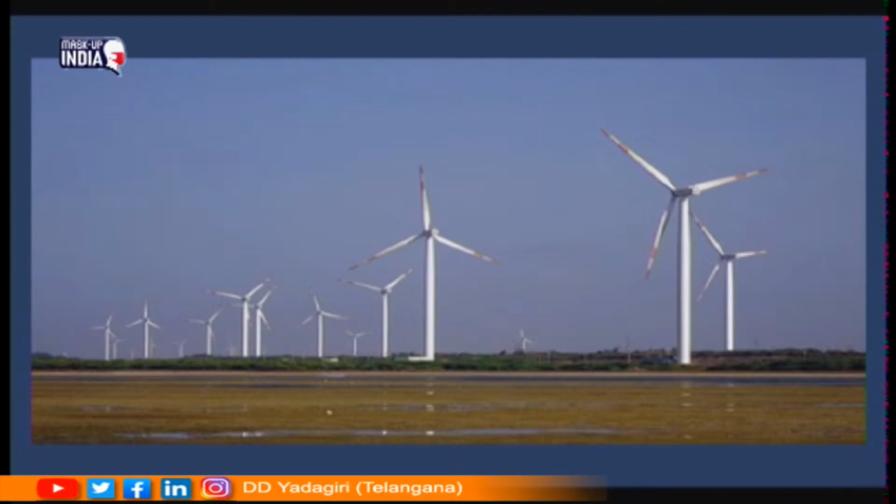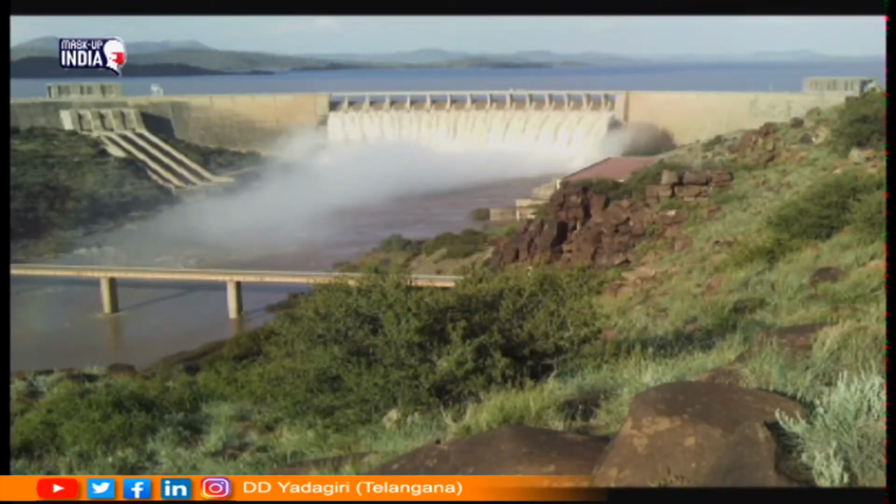Hence, there will be many windmills, and all of them will be connected in series, so that the induced EMF can be collected. Here is a dam, and when water is stored in the dam, using the kinetic energy of the water, the turbines will be rotated, and as the turbines rotate, electricity is generated.